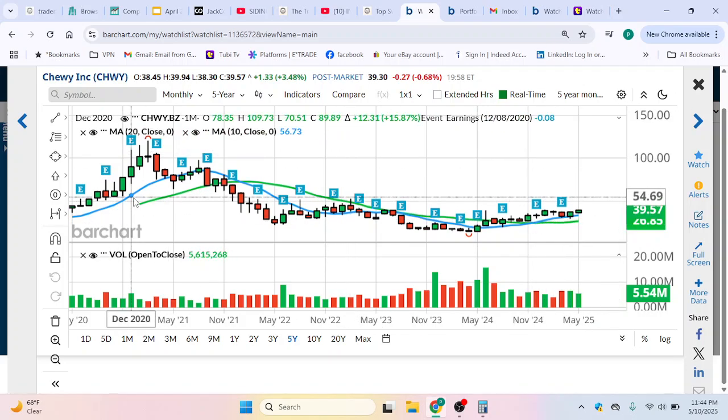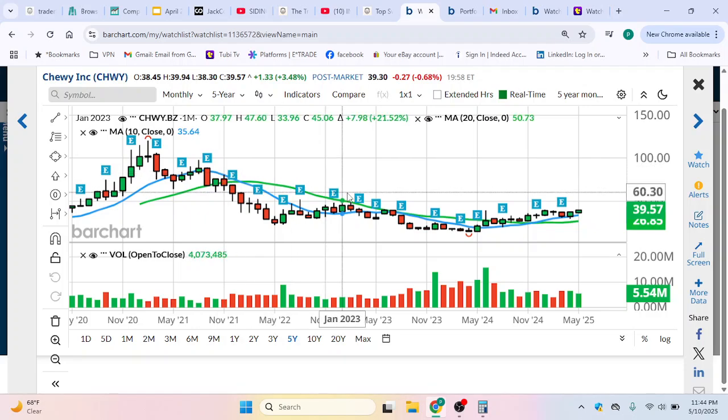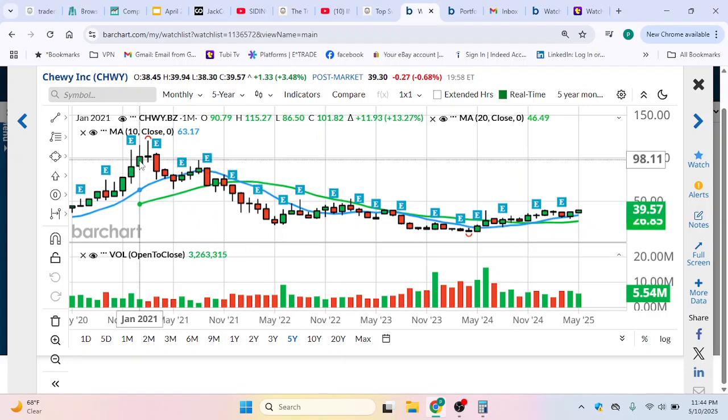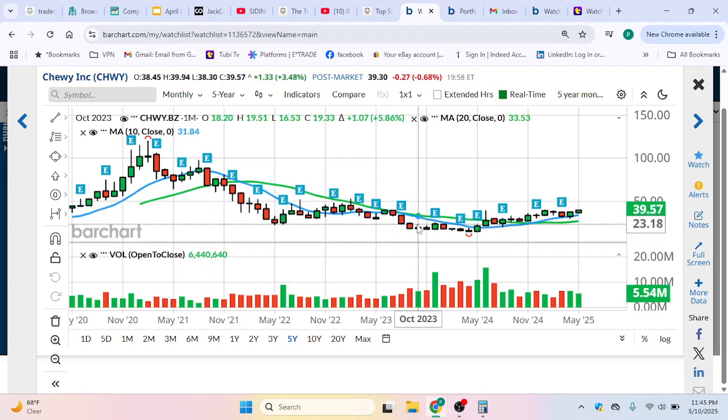And you can see this is long-term market cycle dynamics here with Chewy. And stage analysis, right? We had stage 2, then with this top, we had stage 3, and then stage 4, and then we've been in stage 1 forever. And now Chewy's had just this kind of slow and steady move up off the bottom.